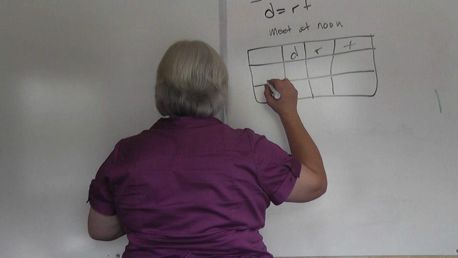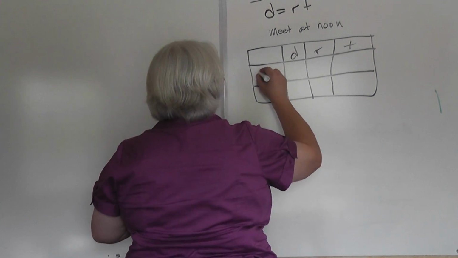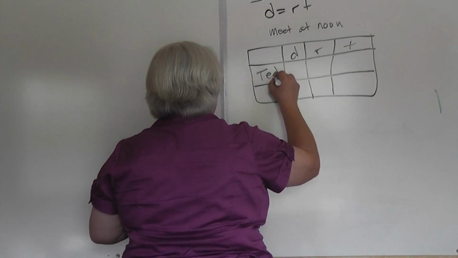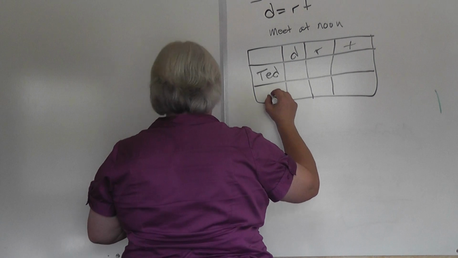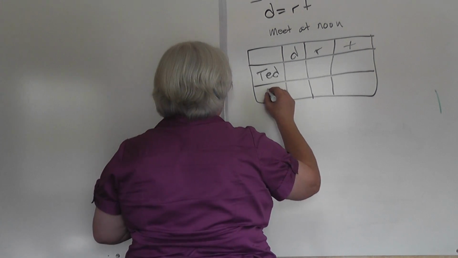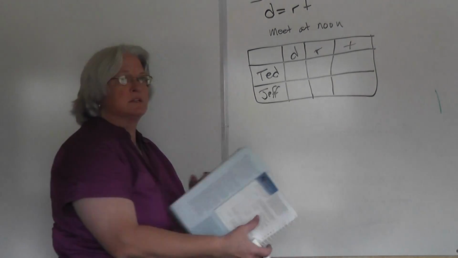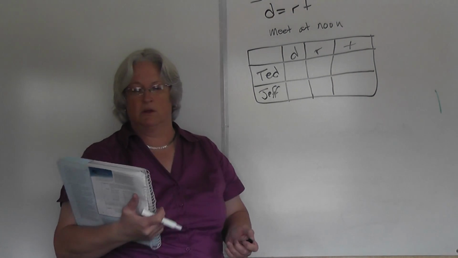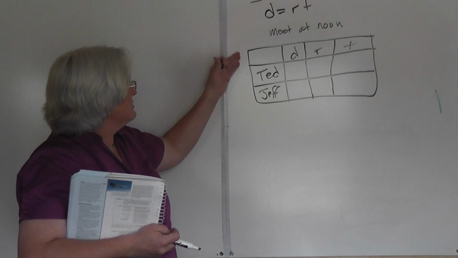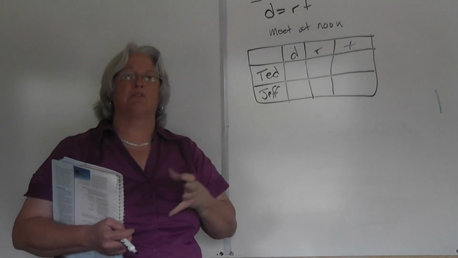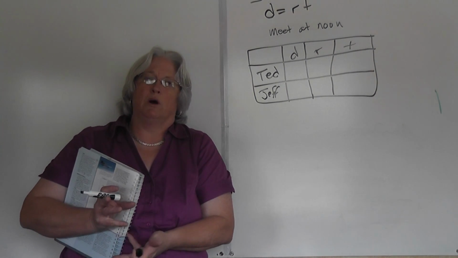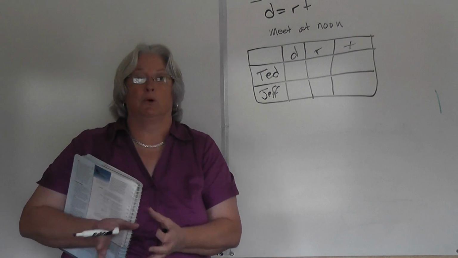And we're going to have Jeff and we're going to have Ted. So I have Ted here and we have Jeff. Now, let's see what information we can have and what we're going to want to solve for. First, we're going to have to figure out what we want the variable to be.